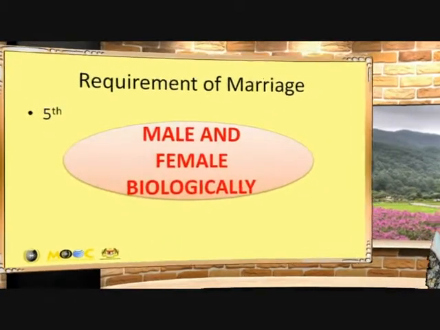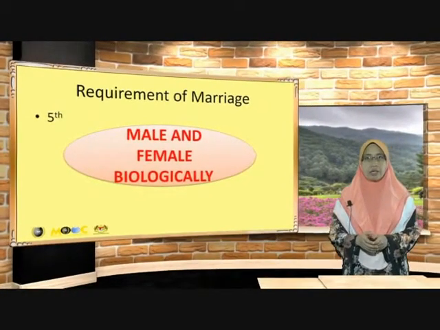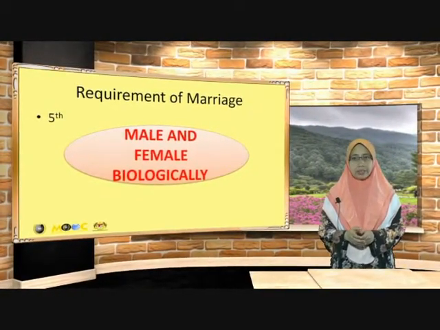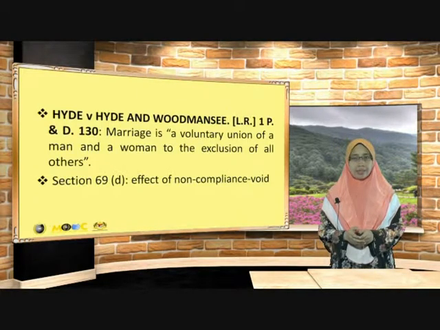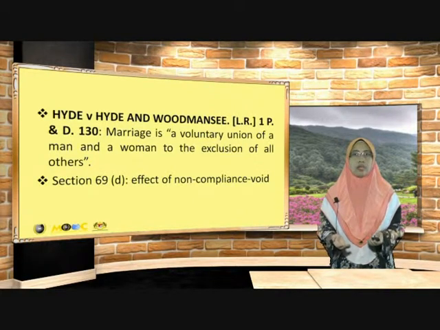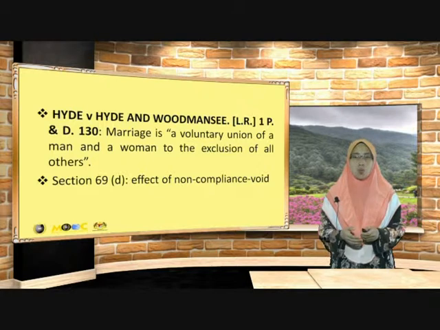And then we move to the last requirement, which is the parties must be biologically male and female. In the case Hyde v Hyde and Woodmansee, marriage was defined as a voluntary union of a man and a woman to the exclusion of all others, where section 69 subsection D provides that the marriage becomes void in the case of non-compliance of this section.